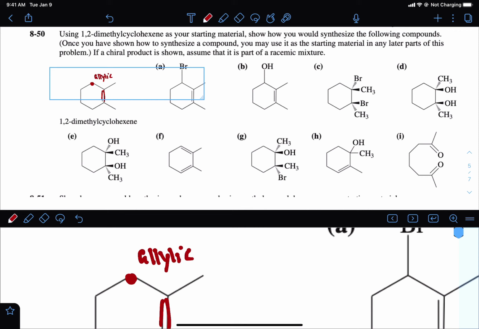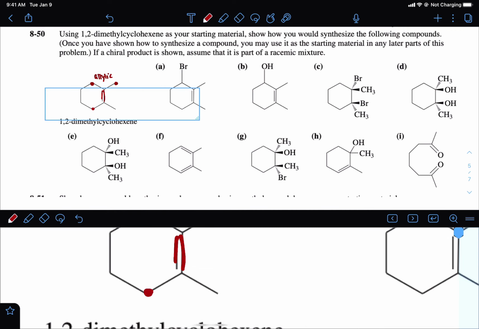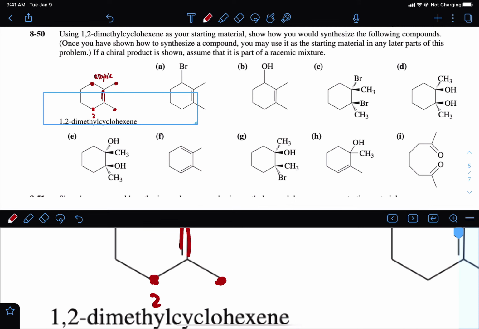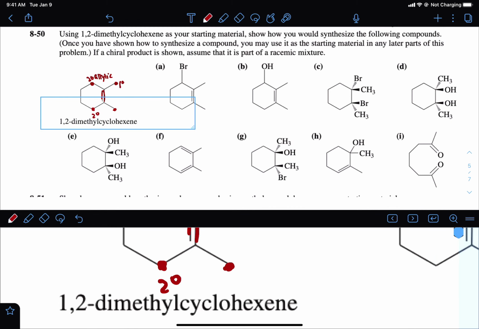Now, that's allylic. This is allylic. This is allylic. And this is allylic. Okay, they're all allylic. These are secondary, that one and that one. These are primary, that one and that one.